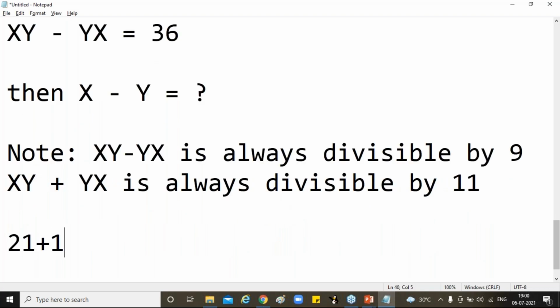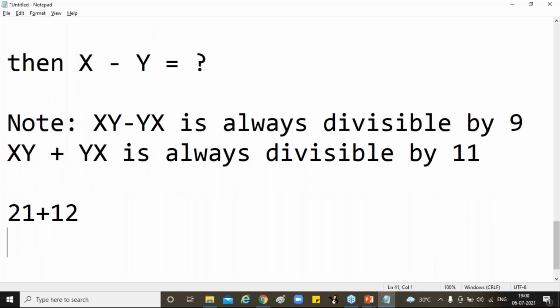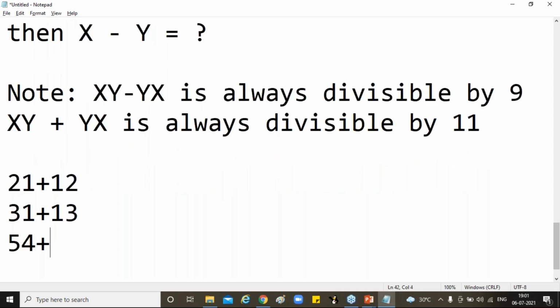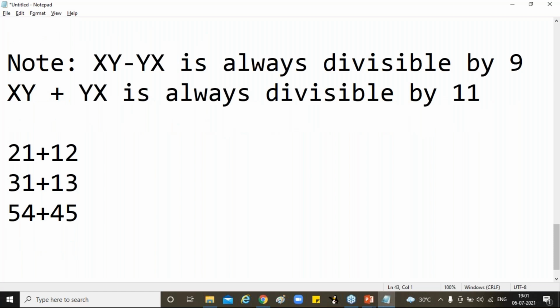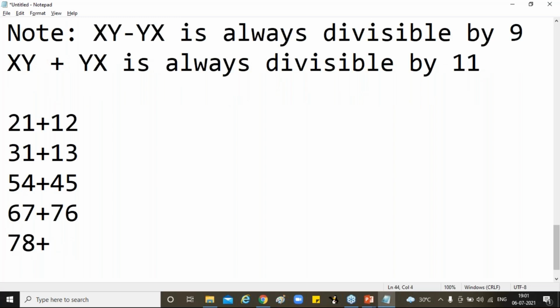Take the numbers: 21 plus 12, 33. 31 plus 13, 44. 54 plus 45, 99. 67 plus 76, 78 plus 87. All are multiples of 11. Hope all of you understood.